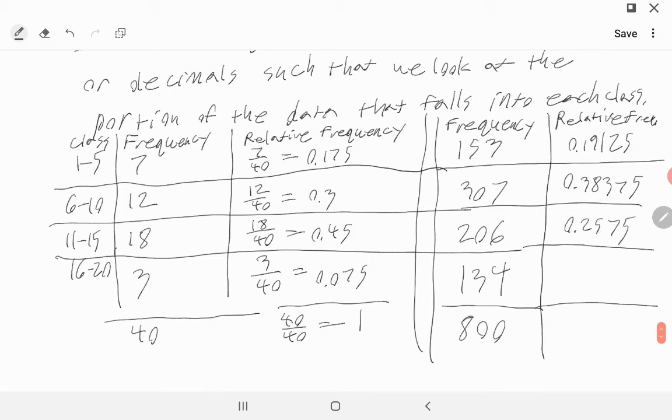And if we take 134 divided by 800, we get 0.1675.